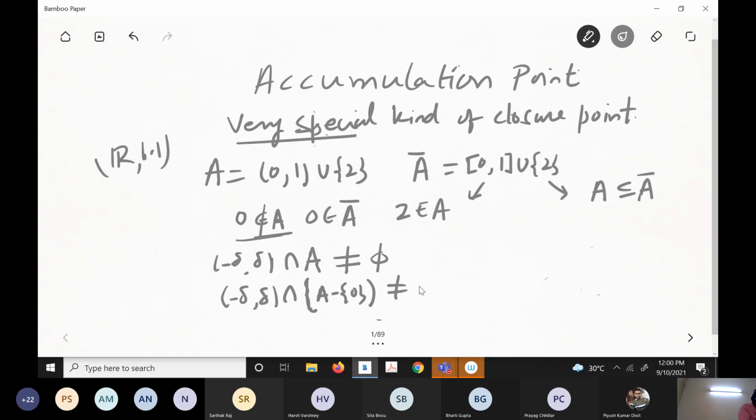Here I am omitting 0, so that 0 cannot be in the intersection. Even then it is non-empty.